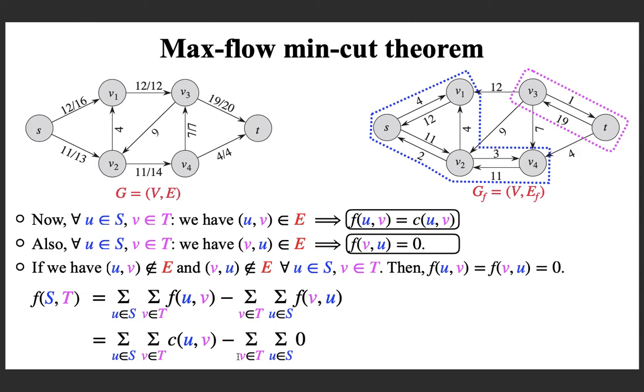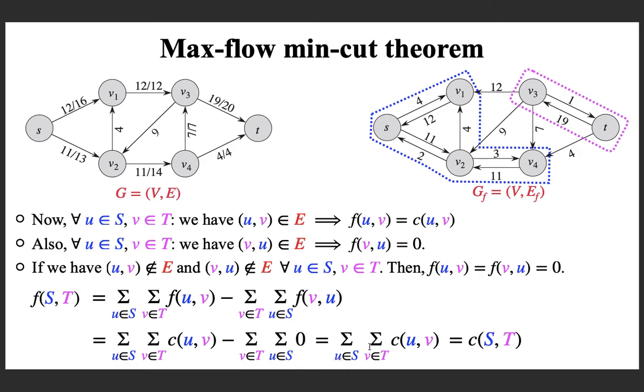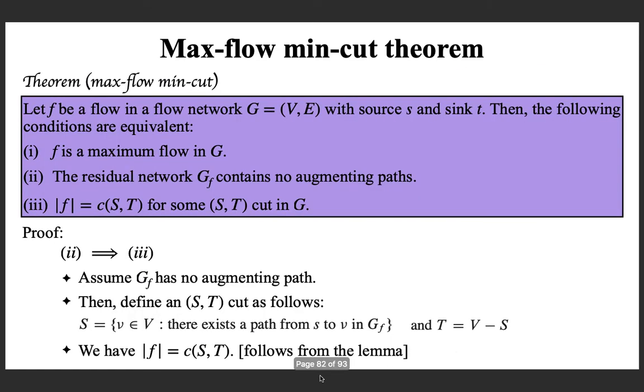So this component is becoming 0 and you are getting the result as the total capacity of all the edges crossing the cut from S to T, which is nothing but the capacity of the ST cut. So we proved that in the defined ST cut, the net flow is the capacity of the cut, and that is what we wanted to prove.